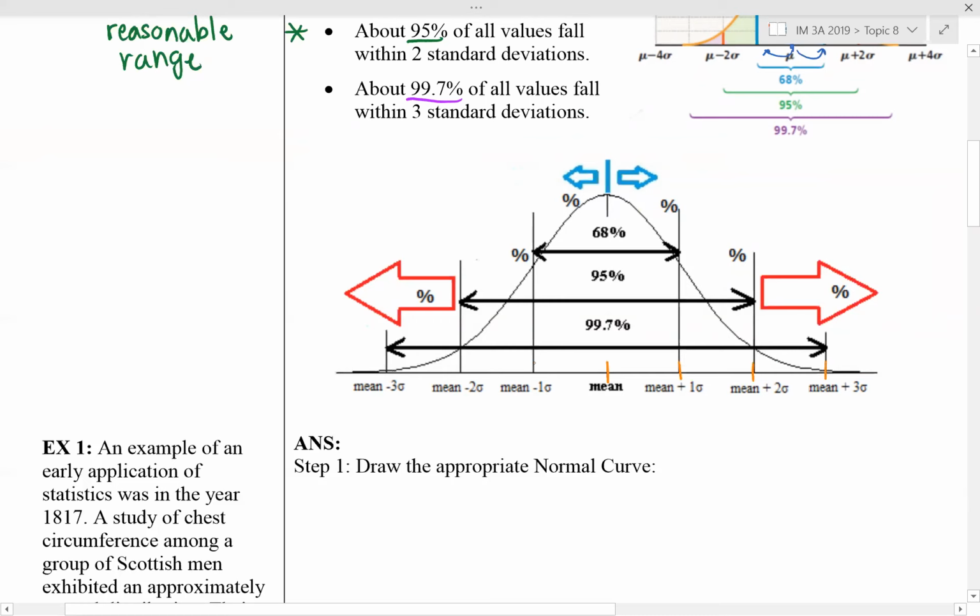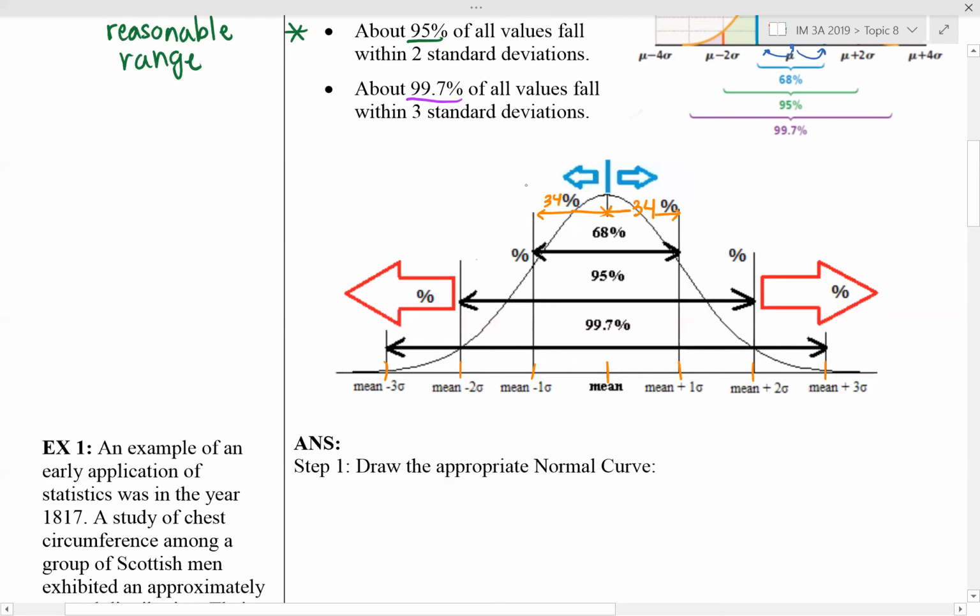So what percentage we can find within each of these sections. So we're going to start looking at the 68%. So if this is half of the 68%, that means that 34% of the data is going to fit between those two values.